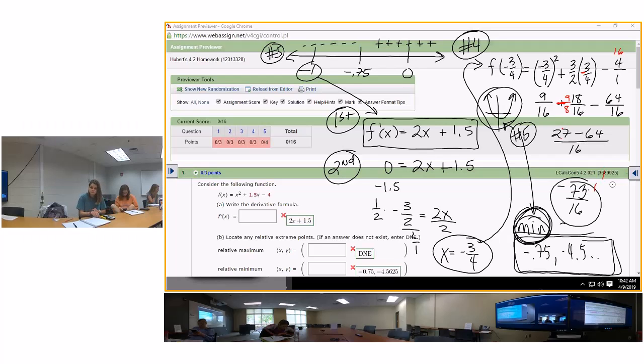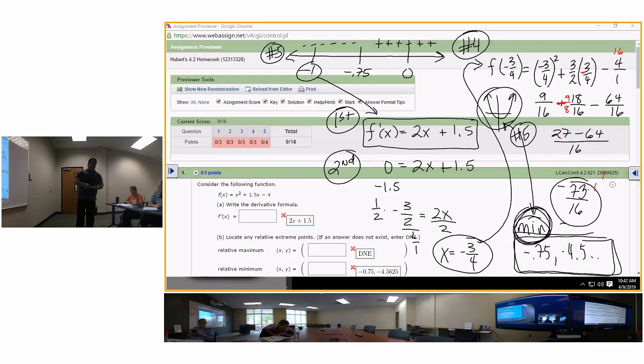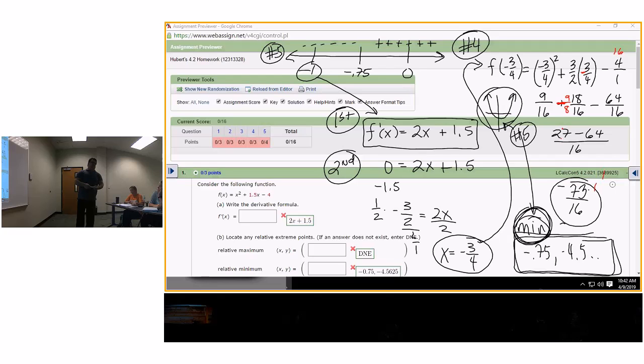Because not all the times are you going to be given the graph. They're going to ask you just to find the vertex using the derivative.